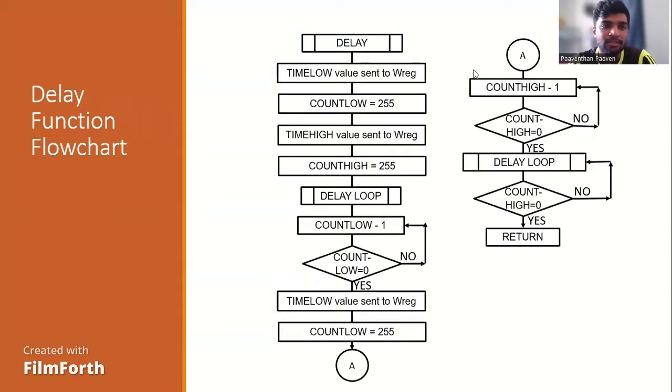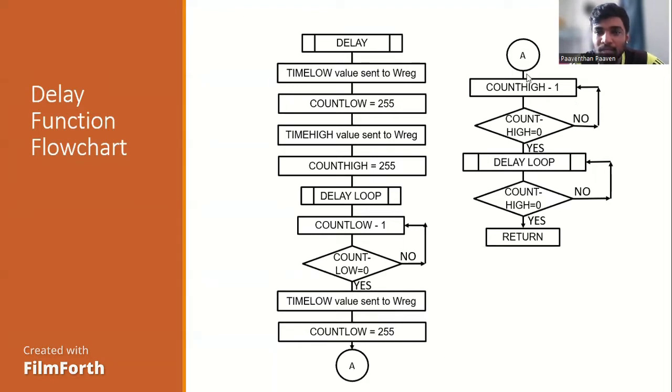Right, for the delay function flowchart: delay, and then the time low value is sent to W, count low is 255, time high value is sent to W, and then count high is 255. For the delay loop, count low is decremented by 1. If count low is not 0, it returns to count low 1. If yes, then the time low value is sent to W, count low is 255.